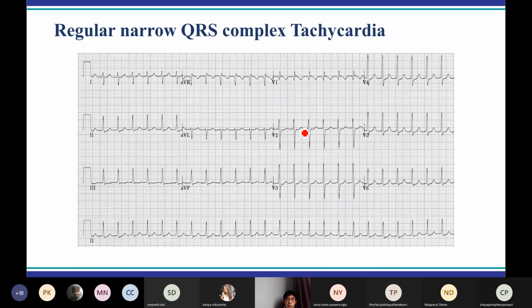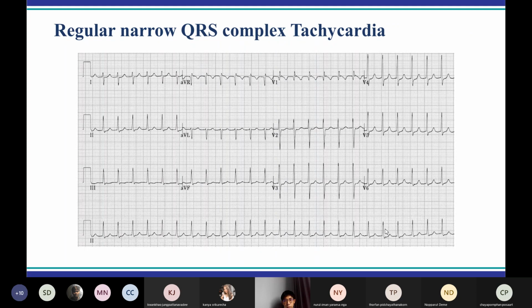So again, this is a narrow QRS complex tachycardia. Can anyone read this ECG for me? Anyone want to read it step by step? Oh, it's narrow QRS. Okay.